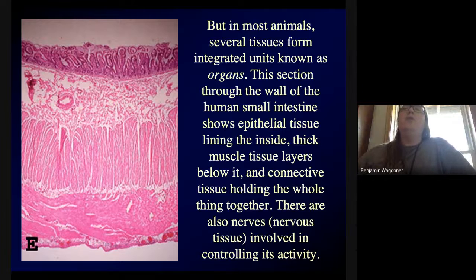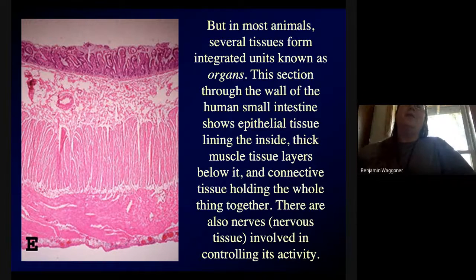So in the walls of your intestine, you have an epithelial layer, you've got some connective tissue under that, you've also got connective tissue on the outside that holds the whole thing together. You have thick muscle tissue layers, and it's not obvious in this picture, but you've got nerves that control the whole thing that are nervous tissue.